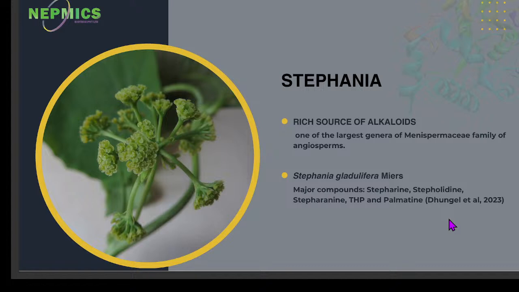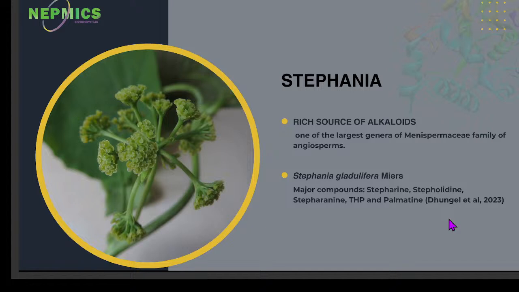Stephania glandulifera belongs to the Menispermaceae family of angiosperms, and it is one of the largest genera of Menispermaceae. It is a rich source of alkaloids, and various groups of alkaloids are present in this particular plant.